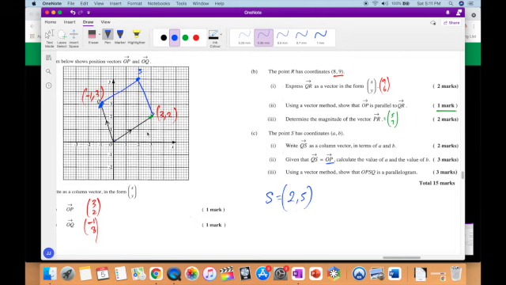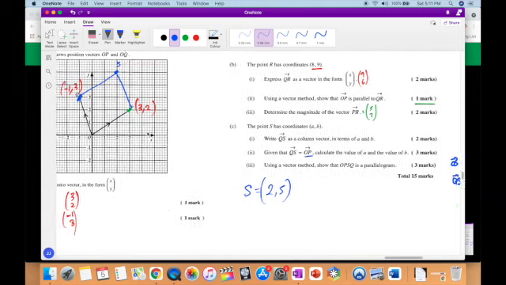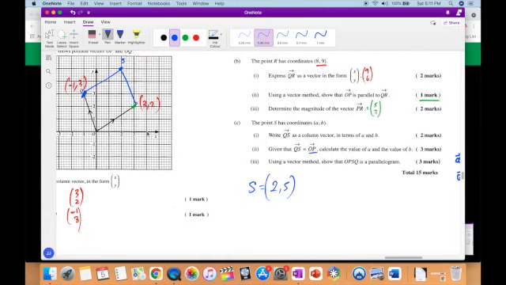OPSQ is a parallelogram. 3 marks for that, right? So to show OPSQ is a parallelogram, I need to show, well, I could show that the opposite sides are parallel, yes. But because it's a parallelogram, it means that those opposite sides are actually going to be equal vectors, right?